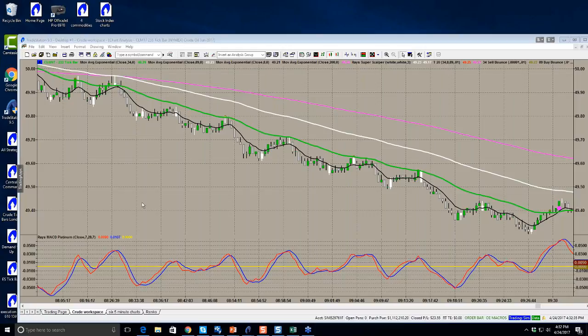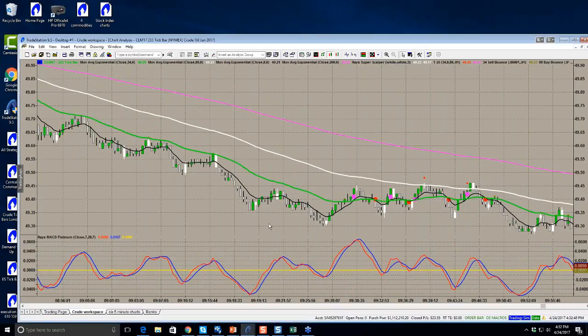Ray uses the MACD Platinum to indicate a change of momentum. Since we're looking at these lows here, we'll be discussing these later. In our PowerPoints, we have a discussion of divergences, and it could be printed out.